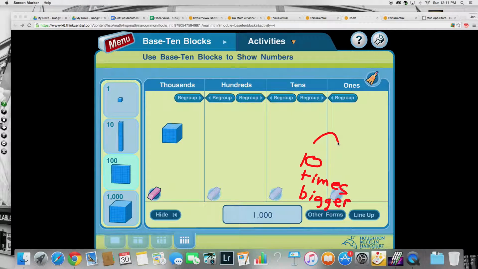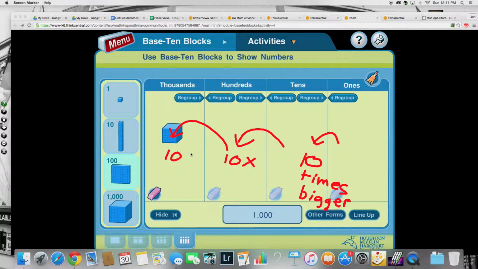Tens are 10 times bigger than your ones. Okay, 10 times larger. Then when we made our next 10, it was 10 times larger. X for times, 10 times larger. And then we took 10 hundreds to make the 1,000, 10 times larger.